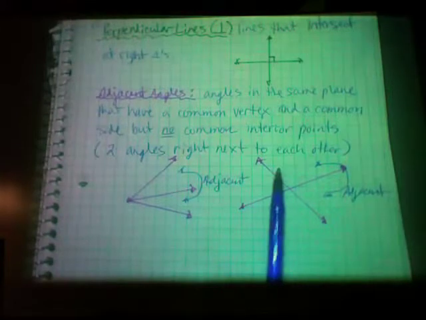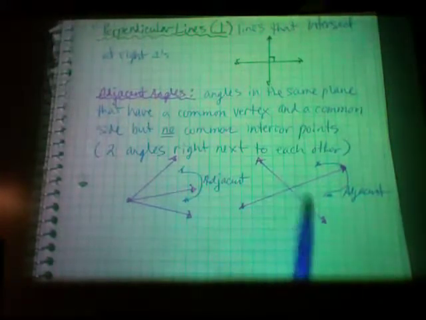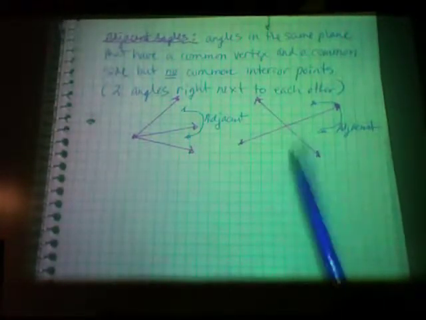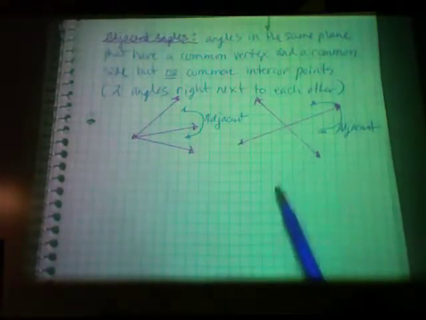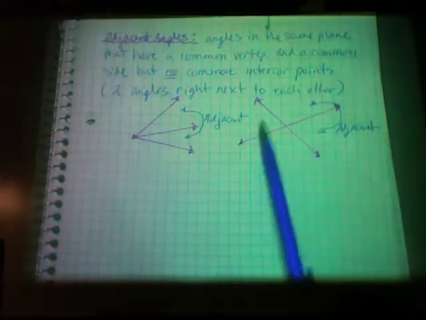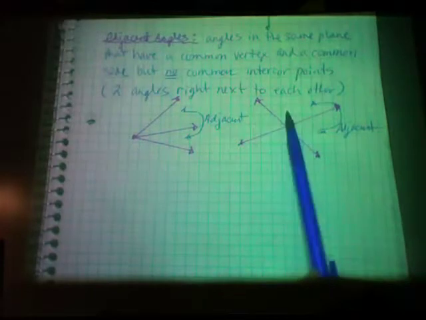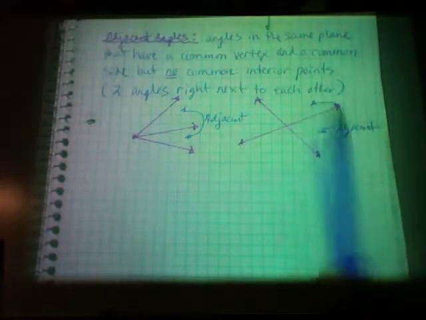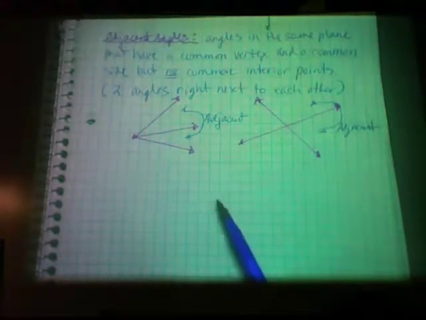Actually, two intersecting lines form four pairs of adjacent angles, don't they? And so is it like all four angles? Yes. These two are adjacent, these two are adjacent, these two are adjacent, and those two are adjacent. So when you have intersecting lines, you actually have four pairs. I just am showing the arrows at those two, but there are four others as well.